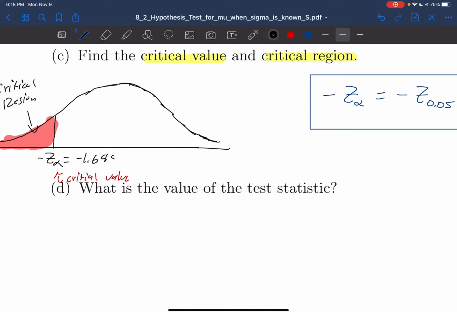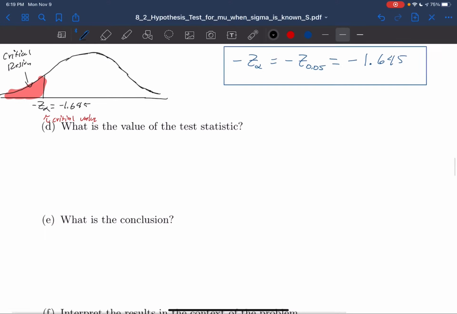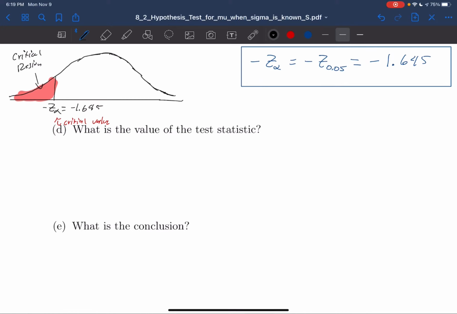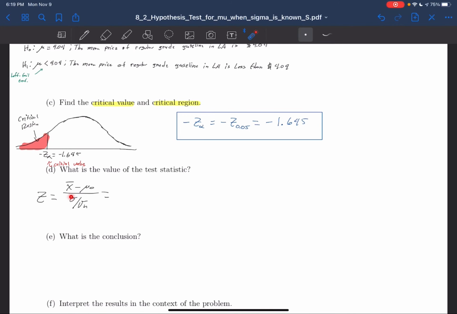Okay. Next, we want to actually compute our test statistic, z. So z is equal to x bar minus mu naught all over sigma over square root of n. Since we have x bar and mu naught and sigma and n, all we have to do is plug in all the numbers.